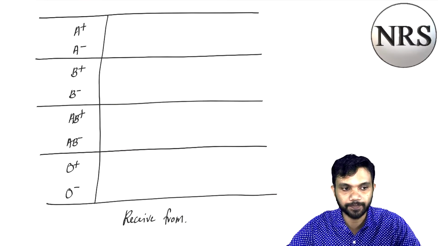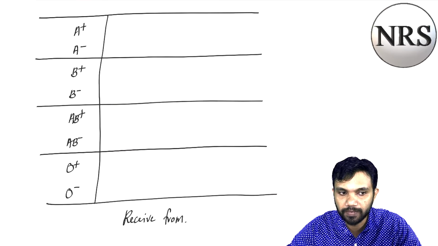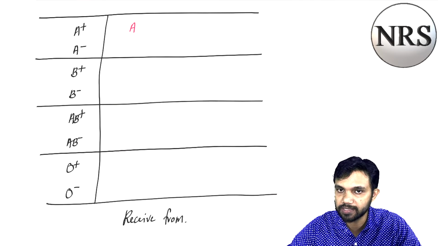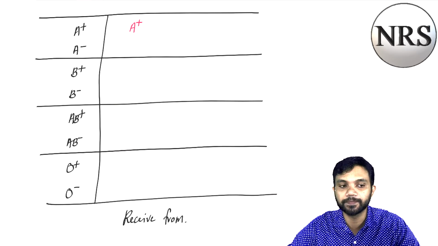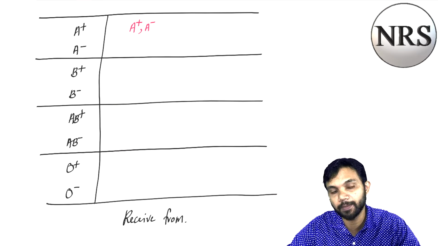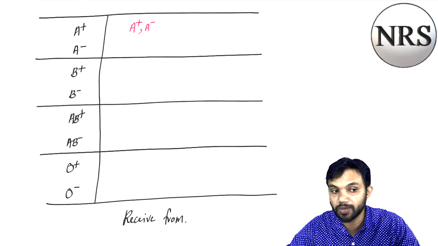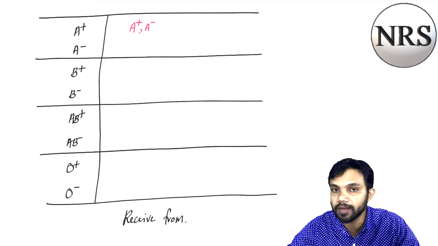A positive can receive from A positive, right? Can they receive from A negative? Yes, definitely, because there is no RH antigen. So they can receive from A negative as well. A positive can receive from A positive and A negative also, because negative means there is no RH antigen, so they can receive the blood from them.